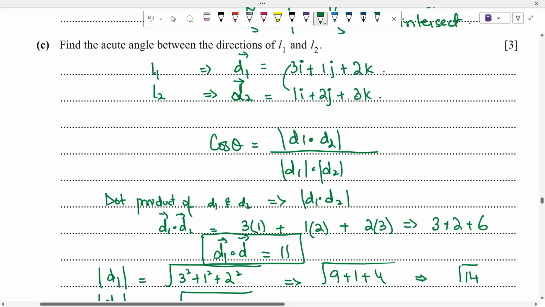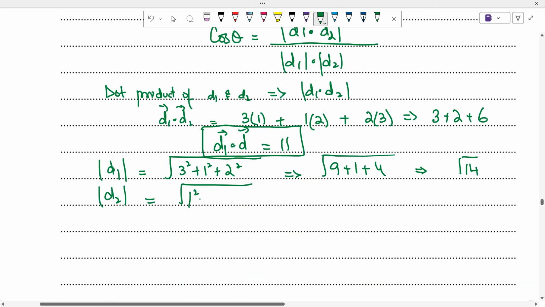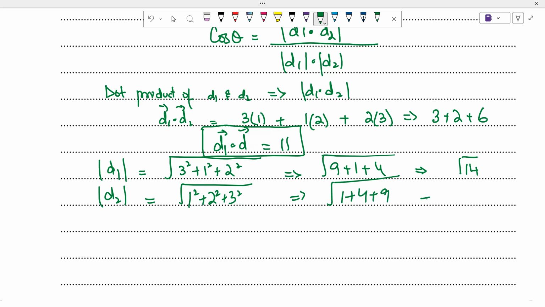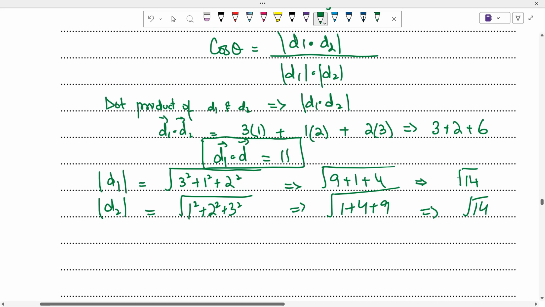So 3 squared plus 1 squared plus 2 squared. Solving further, we have 9 plus 1 plus 4, which is the square root of 14. Similarly, we find the magnitude of D2, which is the square root of the sum of the squares of the components: 1 squared plus 2 squared plus 3 squared, which is 1 plus 4 plus 9. Further solving, we have 14. So we have the magnitudes of D1 and D2.